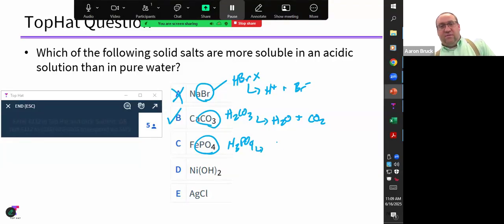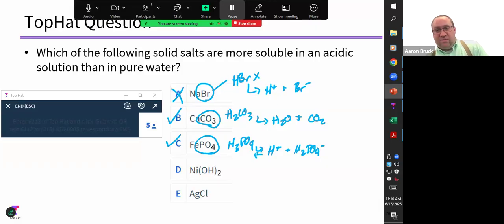So that one's good. For the phosphate, I'm going to be looking at phosphoric acid. That breaks down into H plus and dihydrogen phosphate, but not PO4. So that's good. That's going to be more soluble. That's a weak acid to begin with.